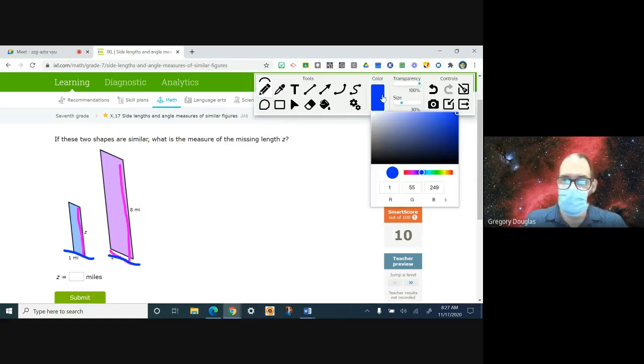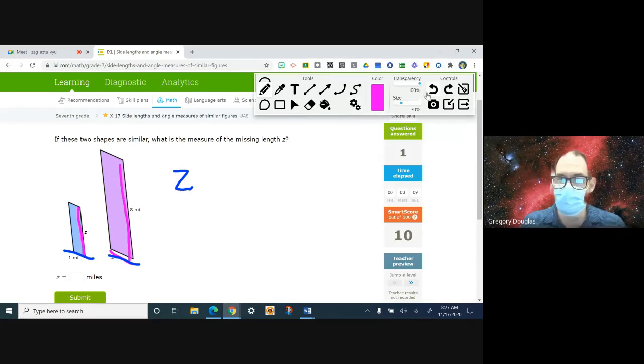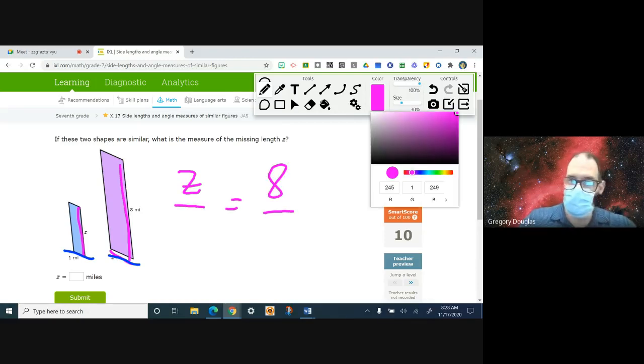Okay, so I'm going to end up with Z. Oh, Z was supposed to be changing colors. I actually did it last night without speaking, and I did everything perfect. So if I'm going purple, I want Z to 8, and then I'll change to blue.